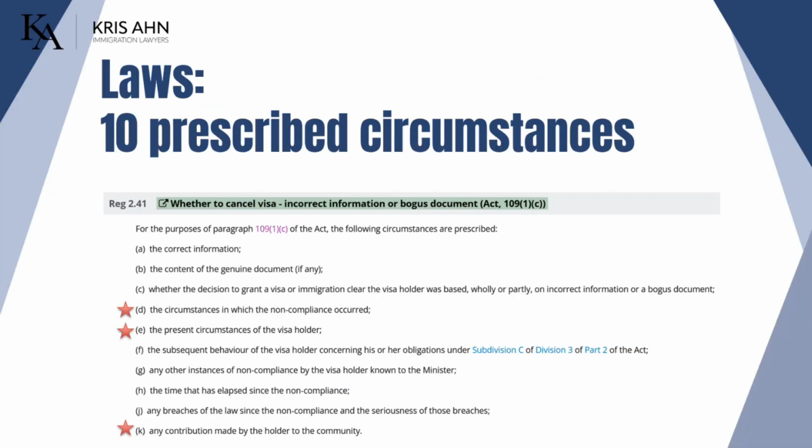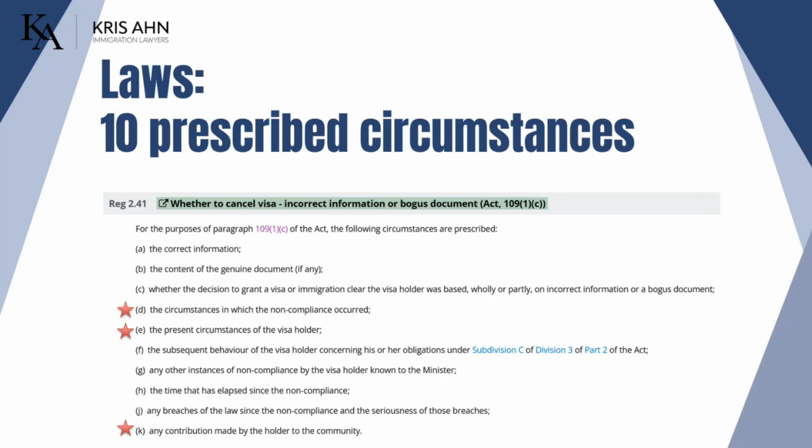So the next step: when a decision maker considers a visa cancellation, the first step is whether the grounds of the cancellation exist, and the second step is whether to cancel the visa or not.